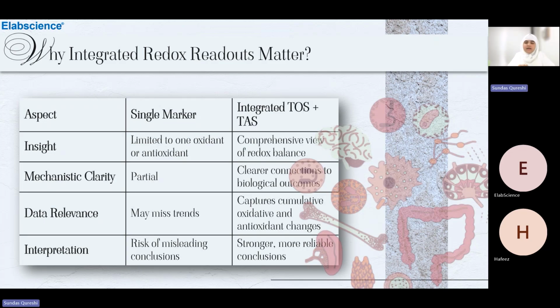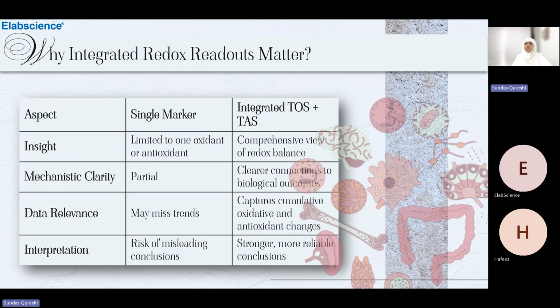Okay, using a single oxidative marker, because there are several single markers available in the market, they give limited insight into the cellular redox balance and can sometimes be misleading. So by integrating both the TOS and TAS measurements, we can capture the load as well as the overall antioxidant capacity.